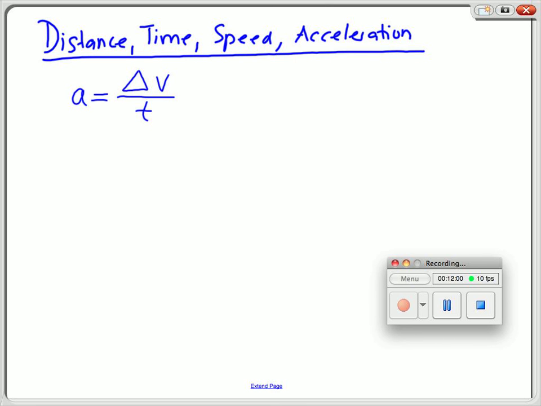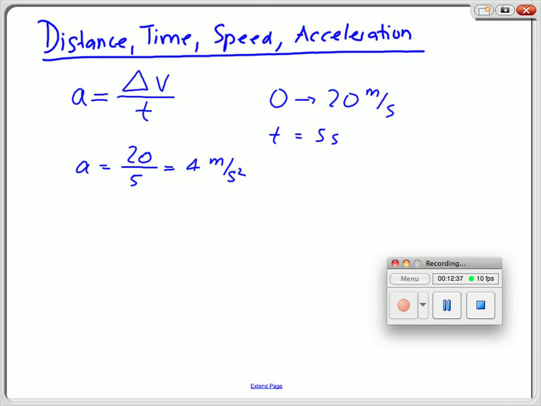If I had a car, and let's use some simple figures, that starts off at 0 and goes up to 20 meters per second, and let's say it does this in a time of 5 seconds, then my acceleration would be 20, because the difference between 0 and 20 is 20, divided by 5. And that gives me 4 meters per second squared.